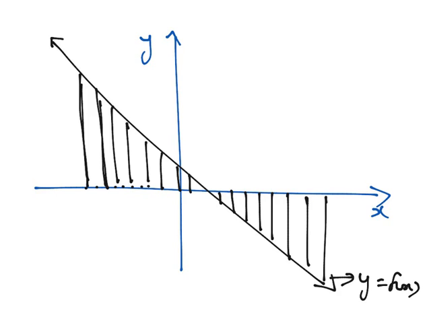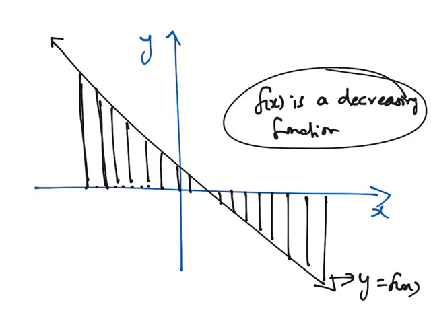So basically, this function f of x is a decreasing function. Right? So that means it is decreasing throughout.